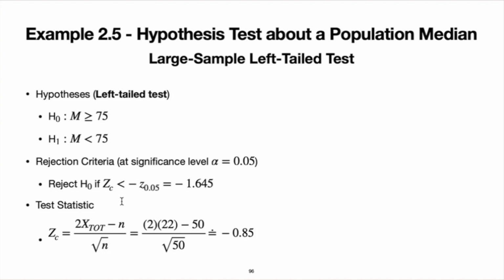The test statistic, z-calc, is 2 times x tot minus n all over the square root of n. So 2 times 22 minus 50, 44 minus 50, all over the square root of 50. And so that's about negative 0.85.